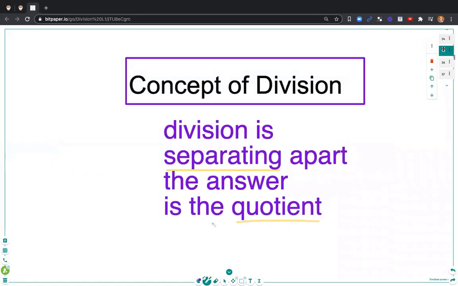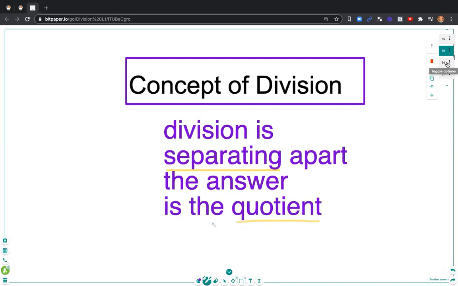Today, as we look into division again, I want to give a really basic definition: division is separating apart. The answer is the quotient. You can actually put your hands together and say division is, and as you say separating apart, separate your hands.